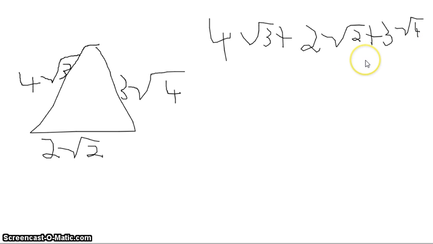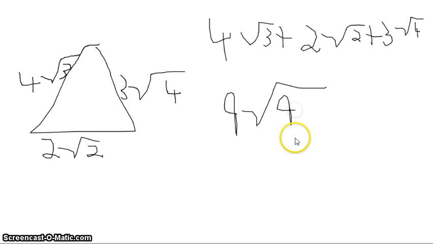We add them all up, and we get 9 radical 9. Actually, that would surprise me now that I look back at it. So we had 9 radical 9, which would be 27 if you want to simplify it, but for the purposes of this, don't do that.